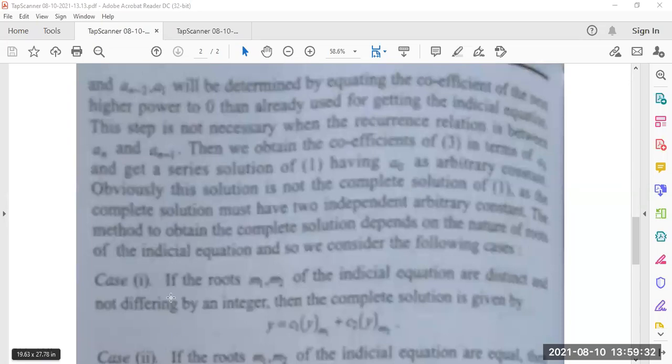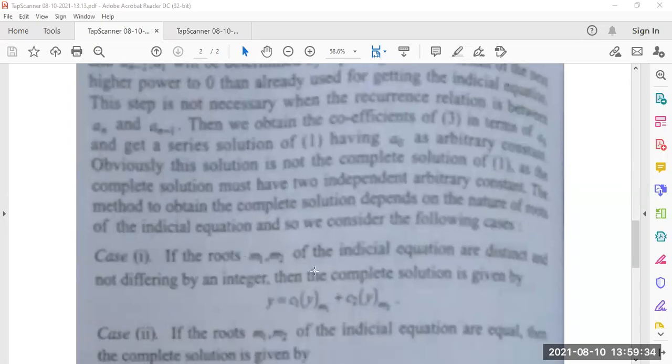So there is case 1. If the roots m1, m2 of the initial equation are distinct and not differing by an integer, then the complete solution is given by y equal to c1 y(m1) plus c2 y(m2). Here y(m1) means the value of y at m equal to m1, and y(m2) is the value of y at m equal to m2.